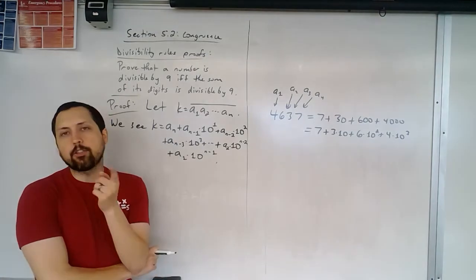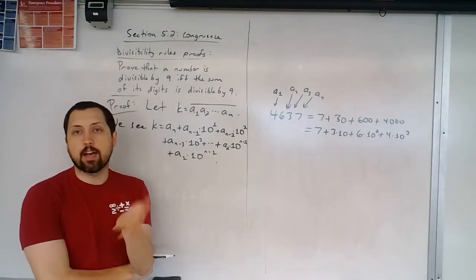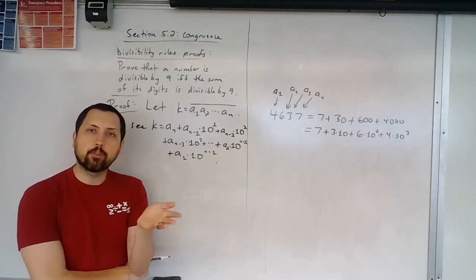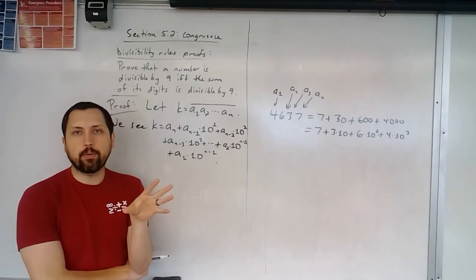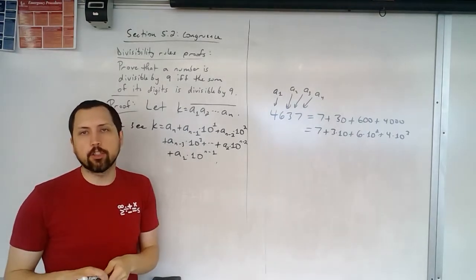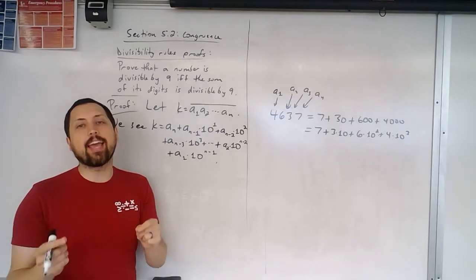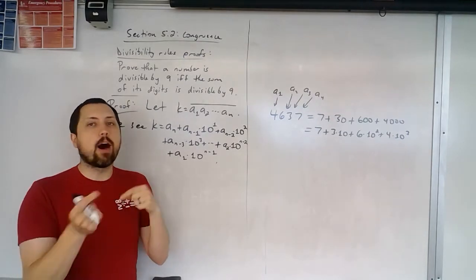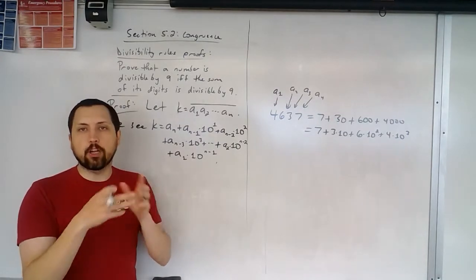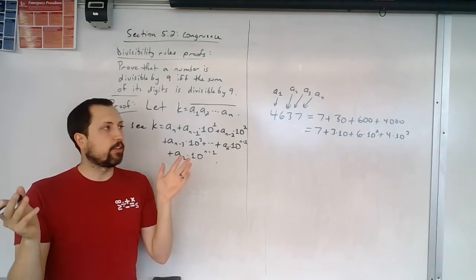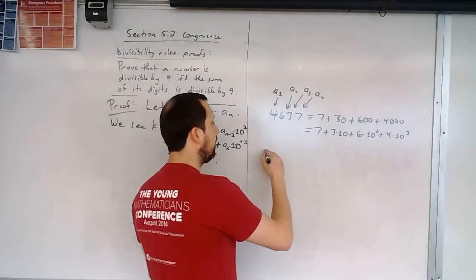Now, we need to try to work with things mod 9. If you recall last week, I said that one of the tricks we can use in modular arithmetic is that we can reduce things mod n before we start doing calculations, right? So we looked at an example.